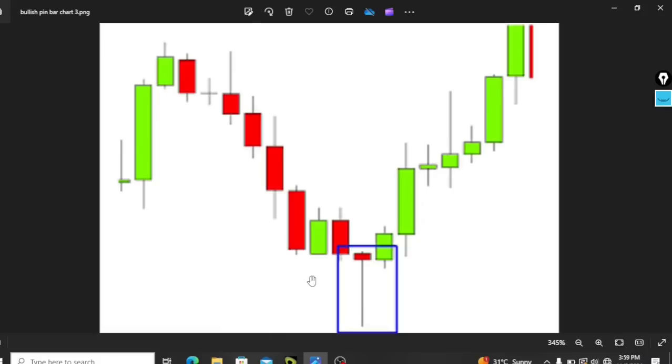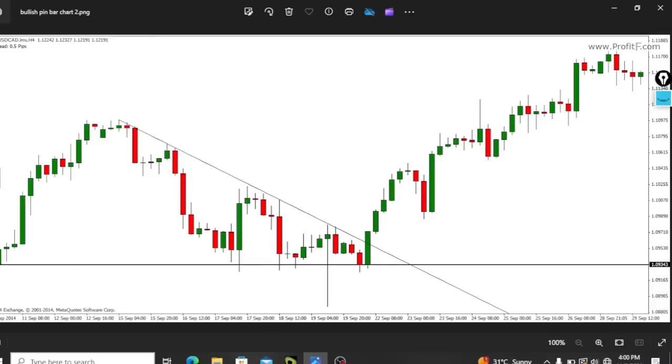If you are using moving averages, at least 2 moving averages, you will notice a crossover of the moving averages towards the upside, and that would also signify to you that it is time for you to begin to buy. So if you are using about 3 moving averages, what happens is that at least 2 or all of the 3 moving averages will go under this pin bar and be under the pin bar. So that will show you that you should immediately place a buy.